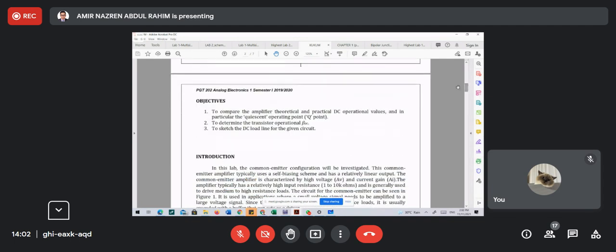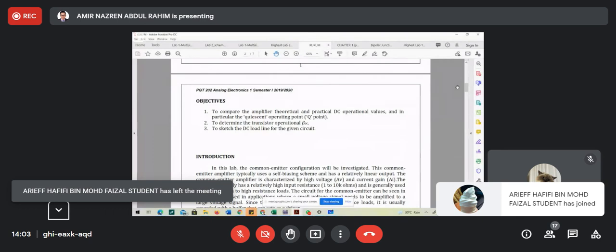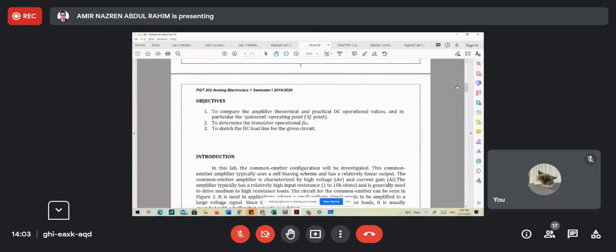Okay, so what will we learn from this lab 2? The first objective is that we will compare the amplifier's theoretical and practical DC operation values. So we can identify, and then realize that there are some differences between the values that we compute by calculation and the measurement on Multisim.